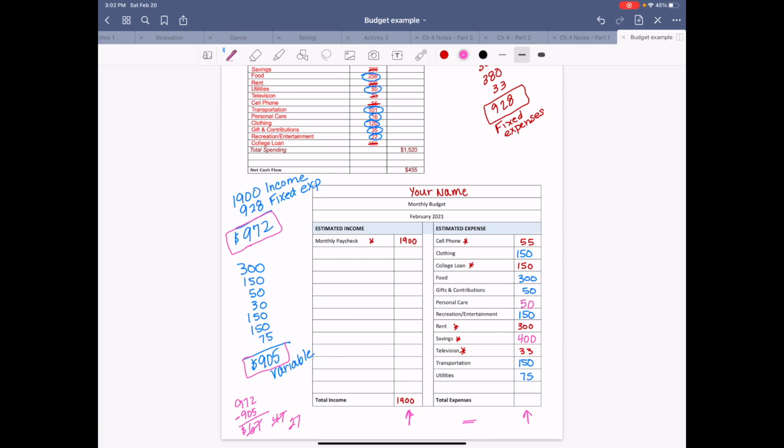Gifts and contributions, I could put it in any one of the categories I want. And instead of just blowing it on something, maybe I know I have a trip coming up or I want to go on vacation, so I might change my recreation and entertainment. It is $150. I have $27 left, so maybe I'll move that up to $177.